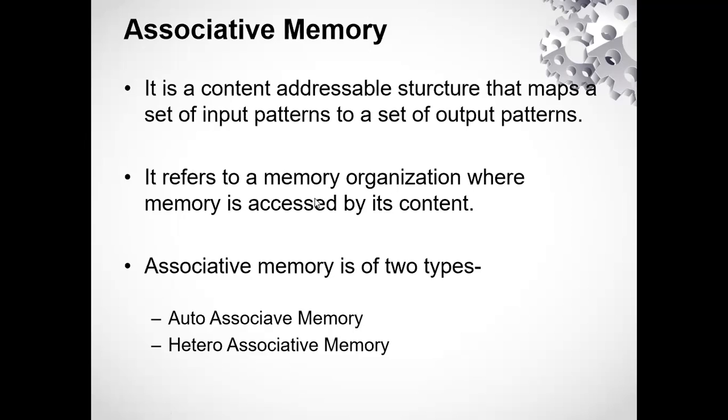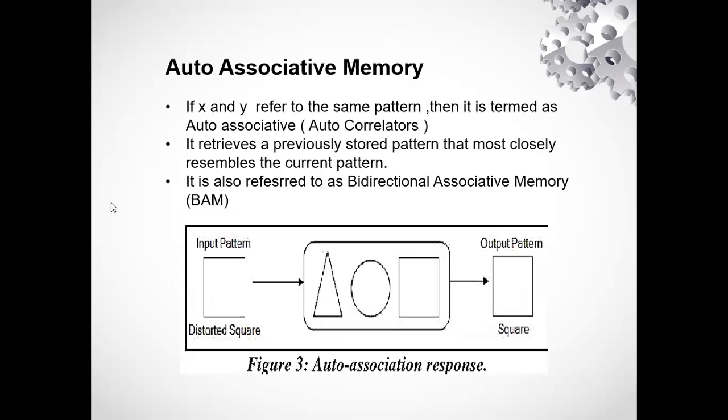There are two types of associative memory. They are termed auto-associative memory and hetero-associative memory. So let's study what these two are and how they are different. Now, let's see auto-associative memory. We have certain input, then there is a storage of patterns, and we get an output.